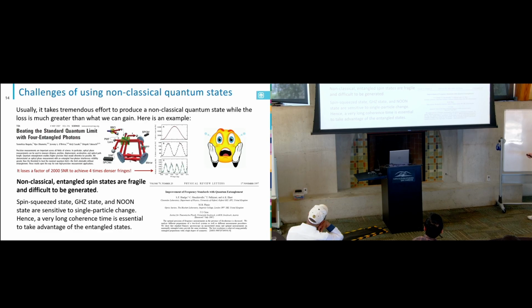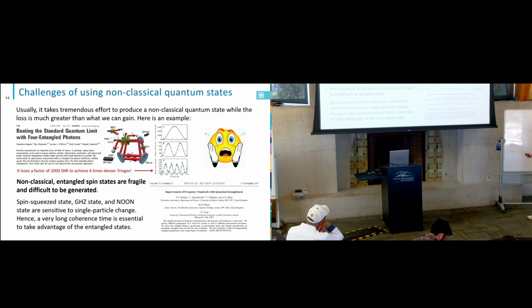This is work published a while ago, and it demonstrates that we can generate the NOON state to give us a fringe density 4 times denser than the classical light. But if you look at the vertical scale, the photon count, from, I cannot read, like 150,000 all the way down to 0.05.